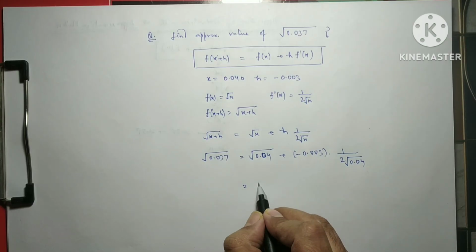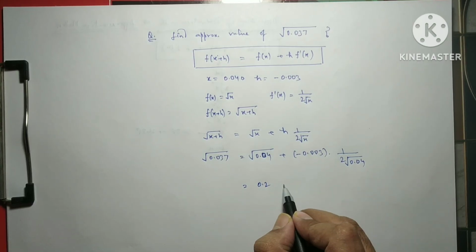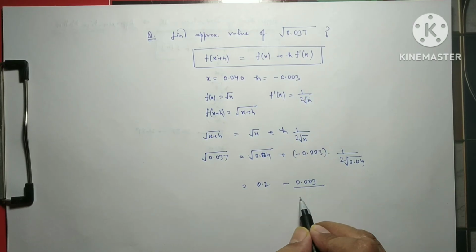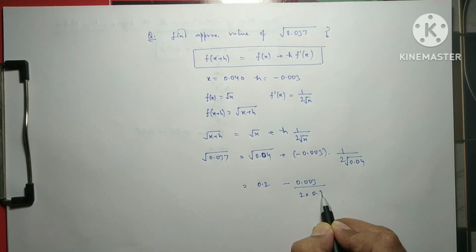This root value is 0.2, and this is 0.003 divided by 2 into 0.2.